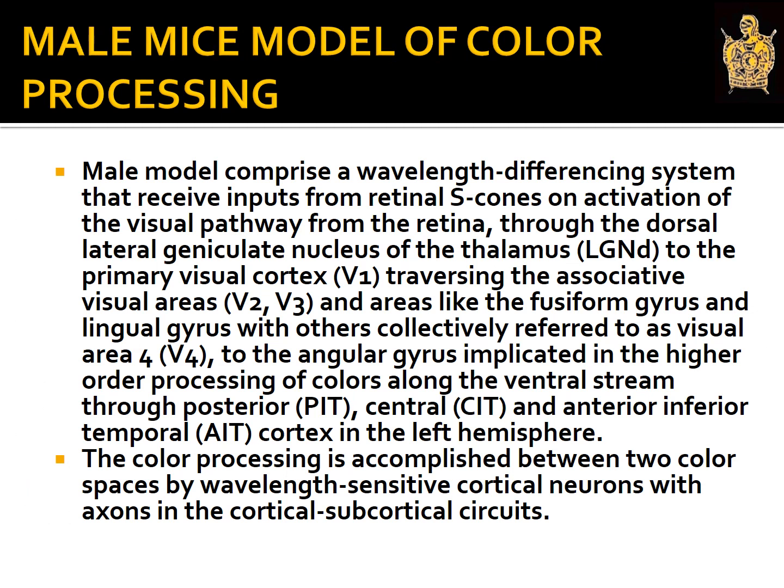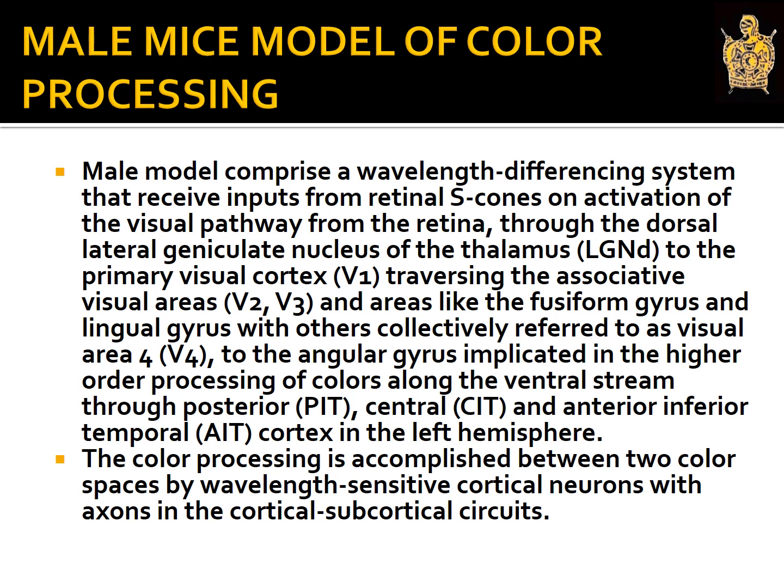The male model begins from the retinal S cones through the dorsal lateral geniculate nucleus of the thalamus to the primary visual cortex V1, traversing the associative visual areas V2, V3, and areas like the fusiform gyrus, the lingual gyrus, and the V4 area, to the angular gyrus implicated in higher order processing of colors along the ventral stream through the posterior inferior temporal cortex, central inferior temporal cortex, and anterior inferior temporal cortex in the left hemisphere.